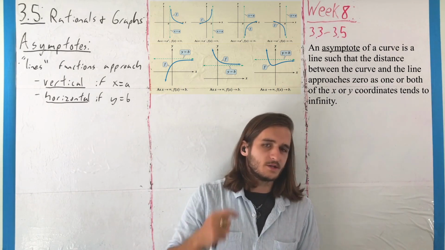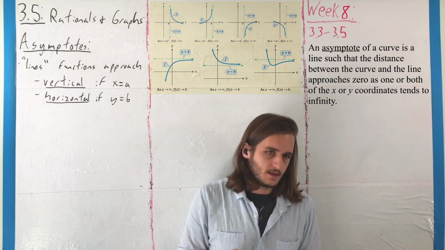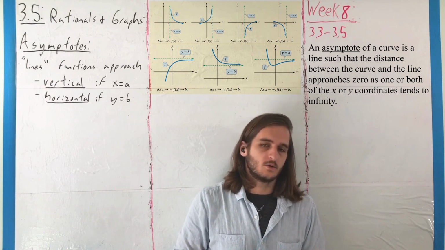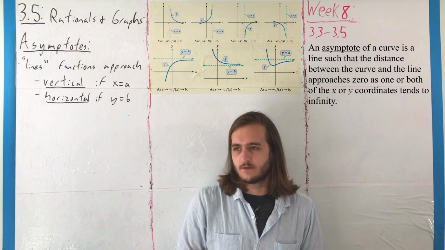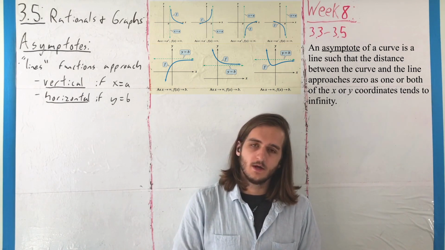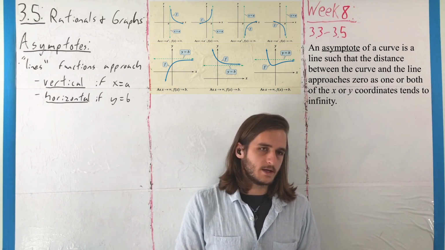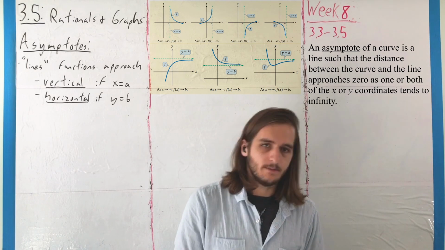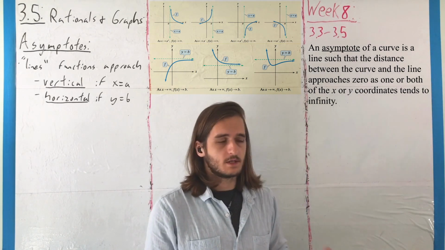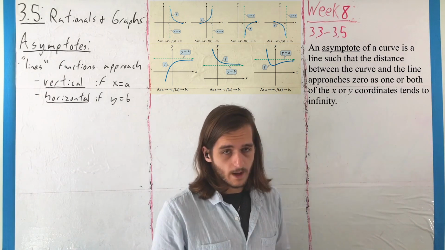And we also have these other things called slant asymptotes, where the line is not just horizontal or vertical. I'm not going to talk about that quite as much, because it's an extra layer of complexity that doesn't come up quite as often, isn't quite as relevant to a lot of things I am interested in for us to see, and also because we've done a lot this week already, I don't feel we need to get into that as well.